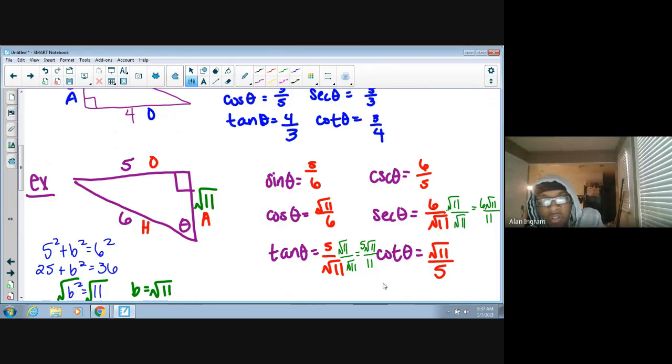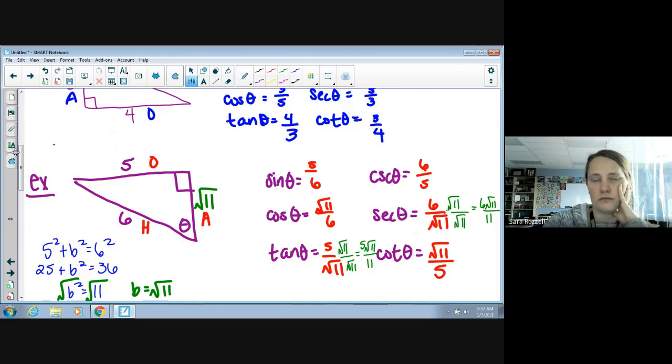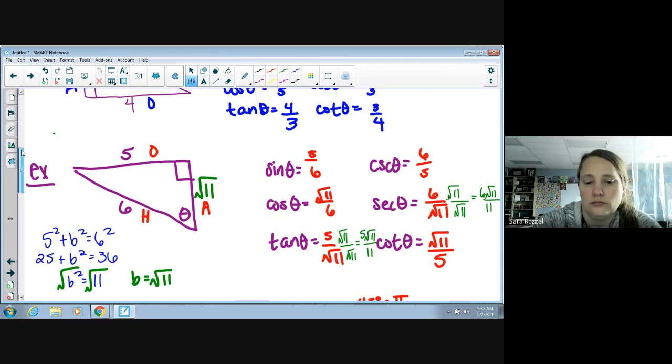So you don't rationalize the top? No, just the bottom. Yeah, it's called rationalizing the denominator. It's like the full name of it. That's the bottom part.